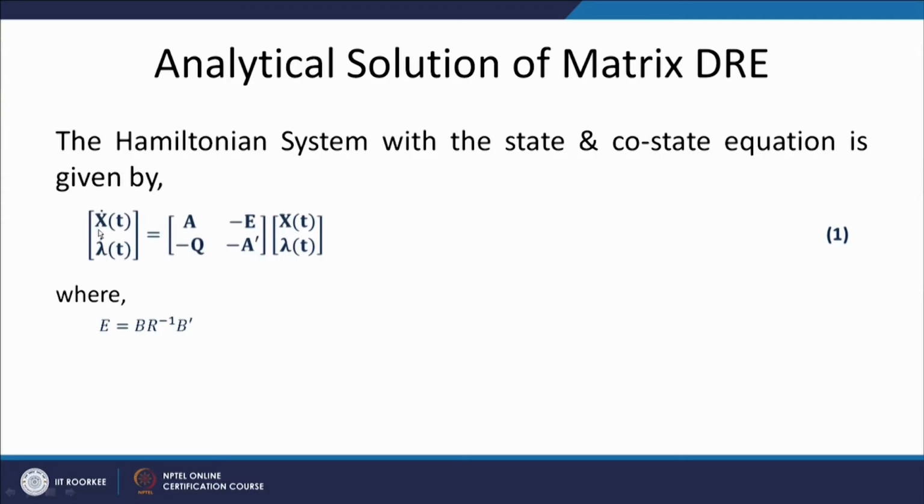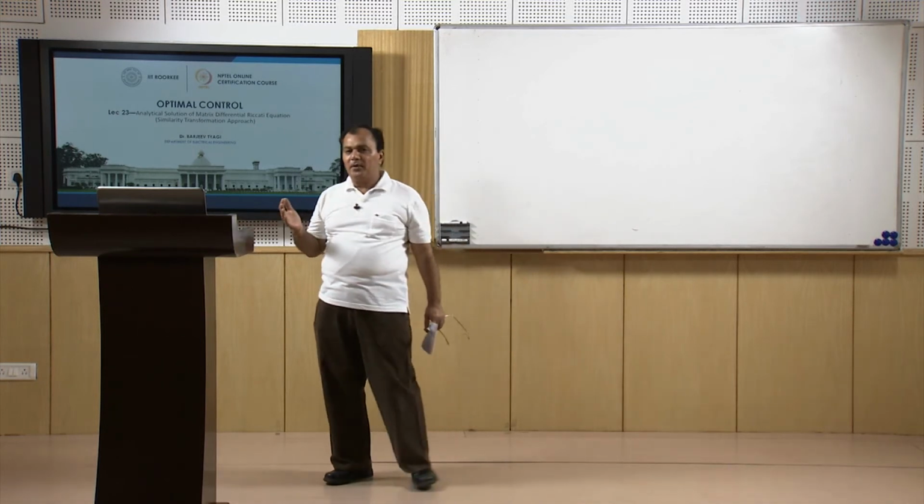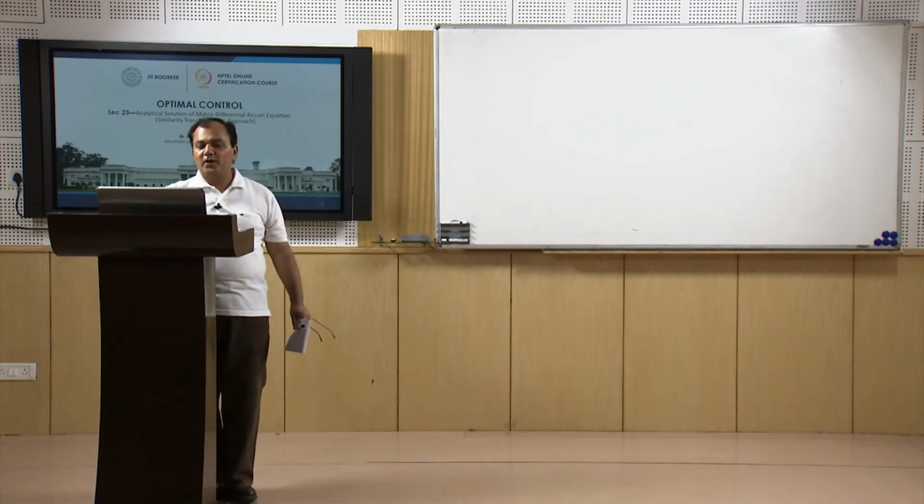As we know, my Hamiltonian system, which we have already discussed, is [x dot; lambda dot](t) equals [A, −E; −Q, −A prime] times [x; lambda], where E is nothing but B R inverse B prime. Here A, E, Q are functions of time. We are taking the time varying system, but for simplicity this t has been dropped from the matrices A, E, Q, A prime.